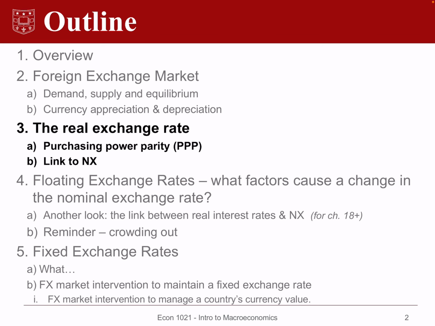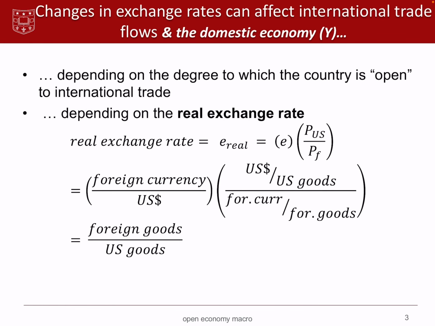So if you recall from the previous set of notes, we were talking about what happens when there is a nominal appreciation of the dollar, or a nominal depreciation of the dollar.